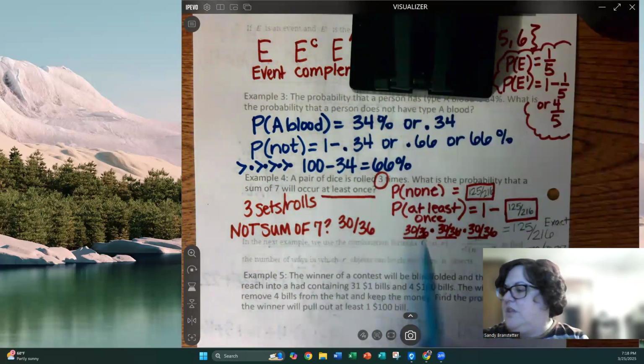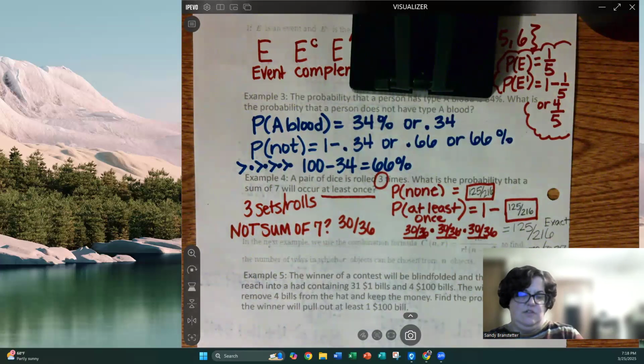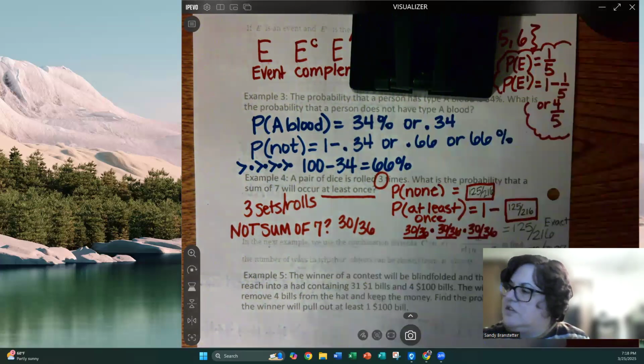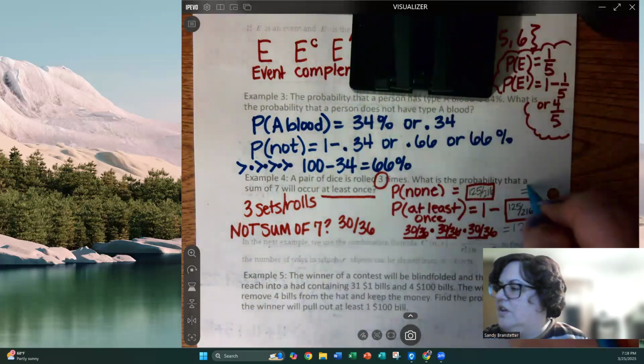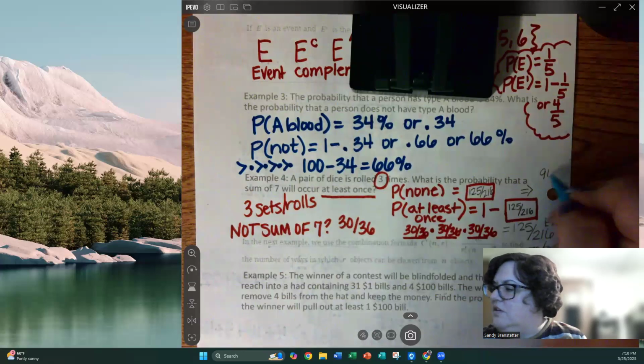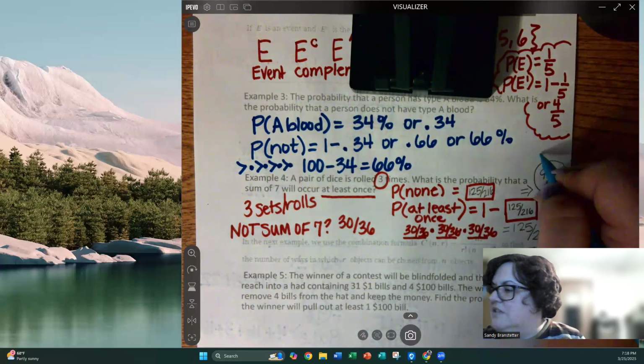And that will tell me the probability of it happening at least once. So 1 minus that fraction, 125 over 216, will give me my final answer of 91 over 216. Again, that's my exact answer.